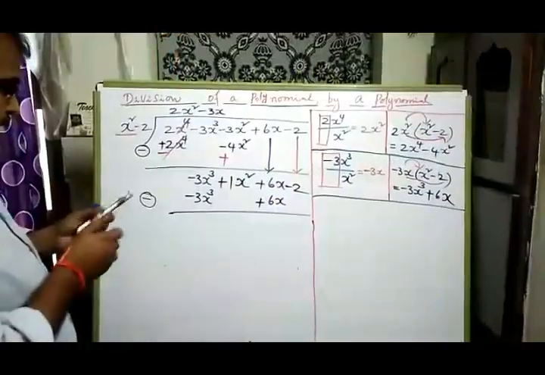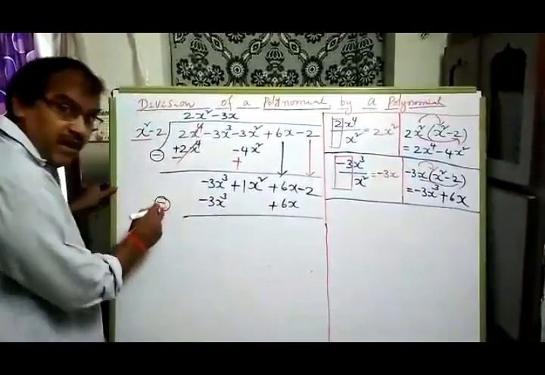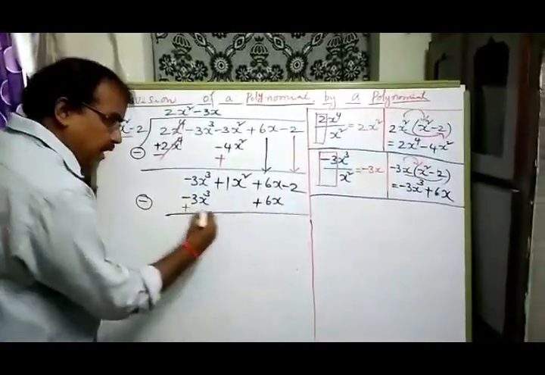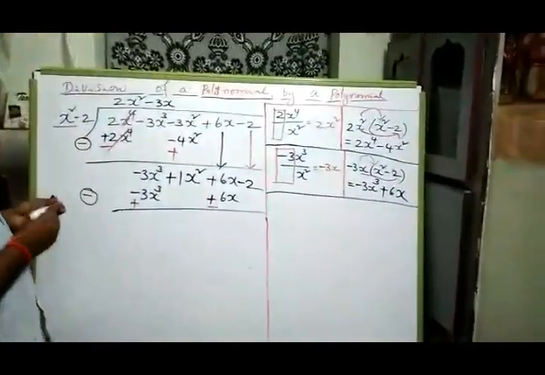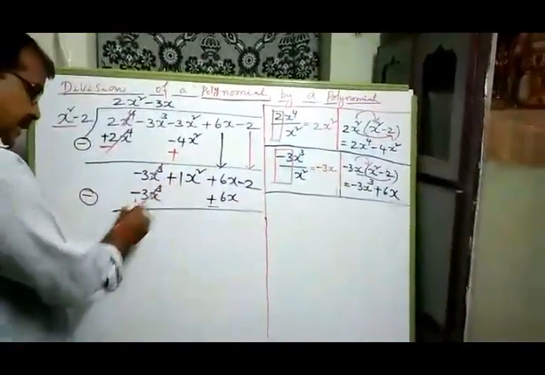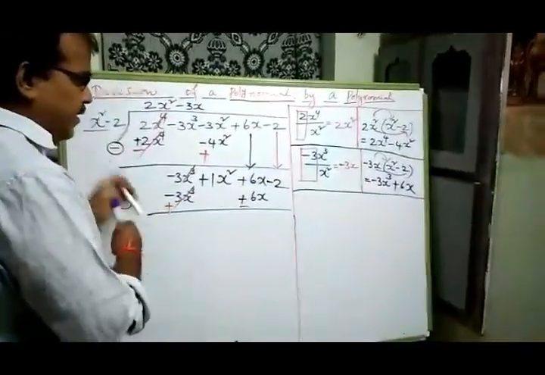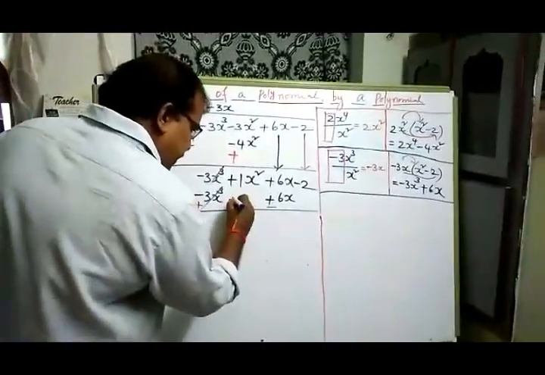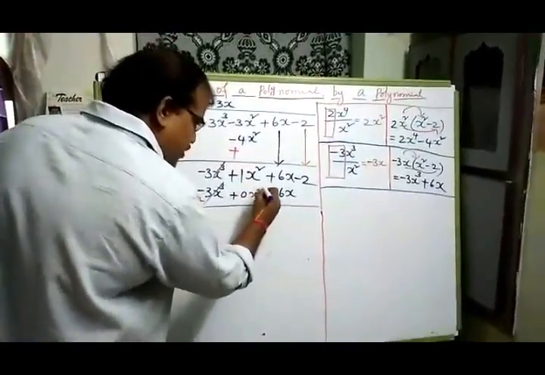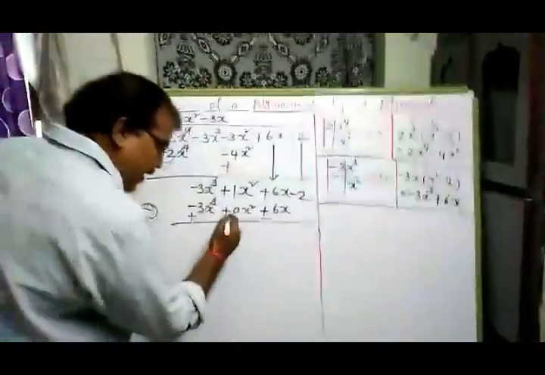Because of this minus, this minus will be plus, and this plus will be minus. Now minus 3x cube plus 3x cube, the result will be 0. You can write this directly, otherwise if you want, you can write plus 0x square or minus 0x square.